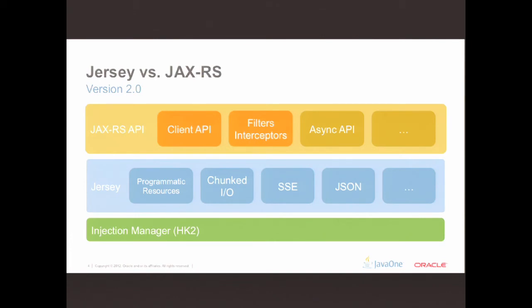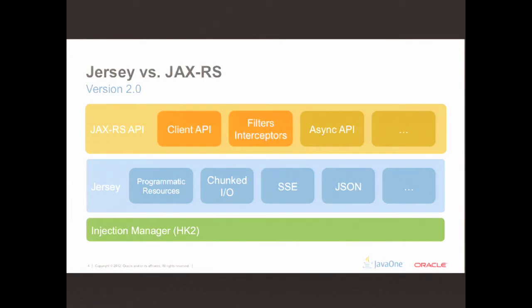So with that, we said, okay, in Jersey 2, we are going to focus on adding some additional cool features in the API, such as programmatic resource builders, chunked I/O support for JSON, SSE, and such.